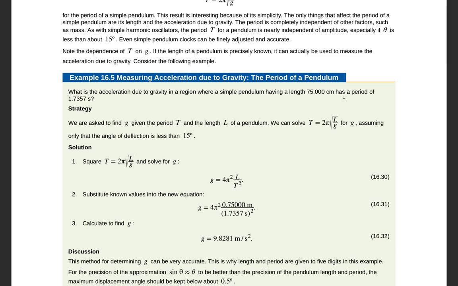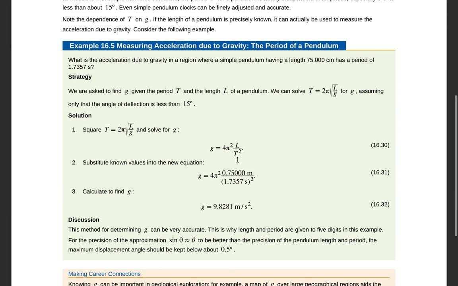Remember, if we're able to use this equation, we have to say that this angle is going to be less than 15 degrees. Okay? So we have to turn this equation to solve for g. First, you would divide by 2 pi, square both sides, and then move the g to the left and divide everything else to the right side. Once you do all that, you end up with g equals 4 pi squared L over T squared.